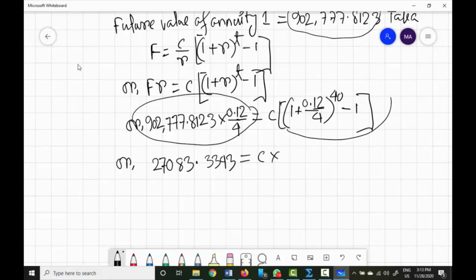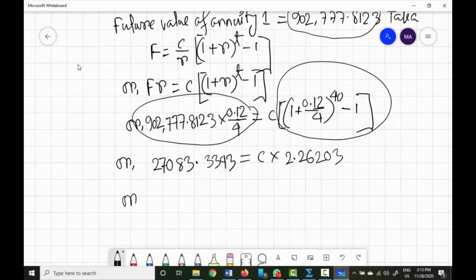Let us calculate this one now. 1.03 power 40, 1.03 power 40 minus 1, which is 2.26203.